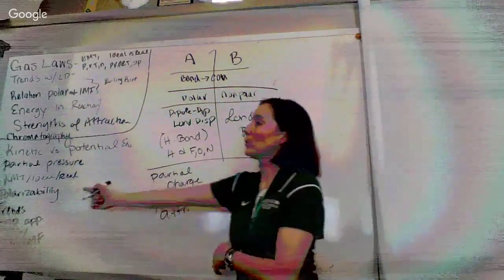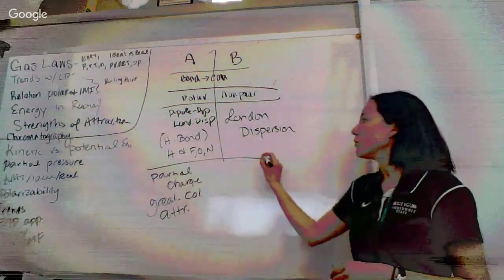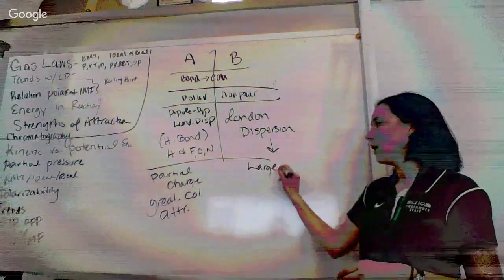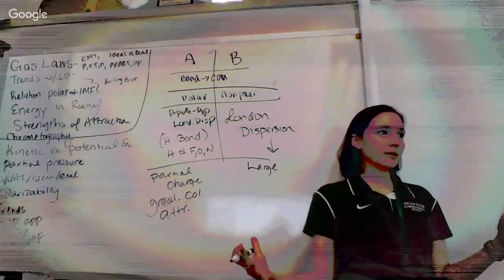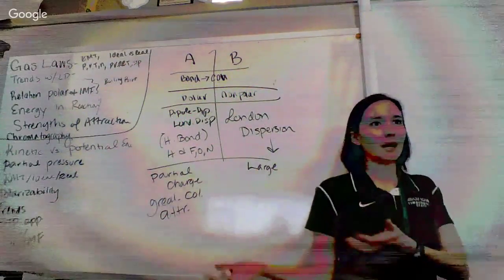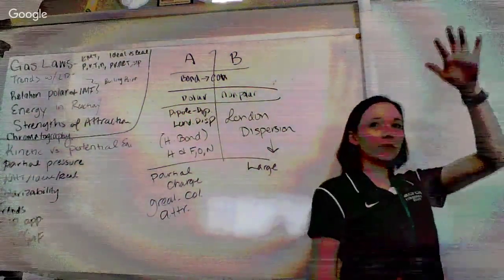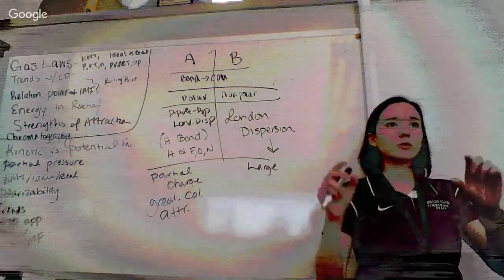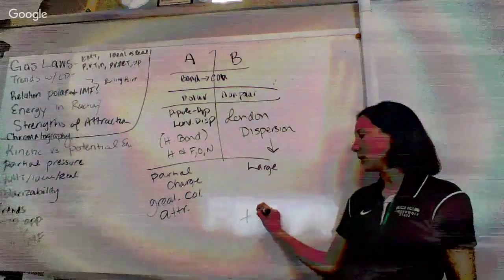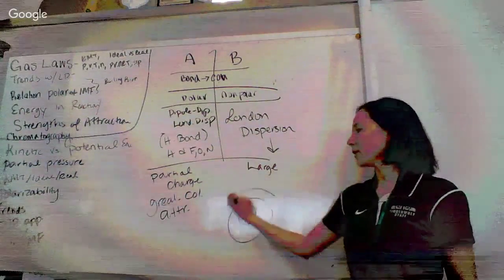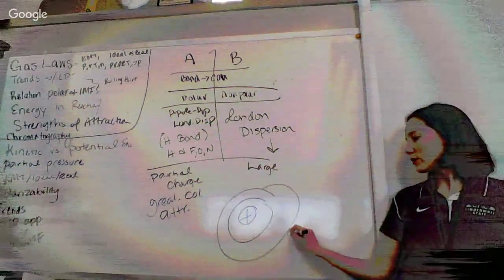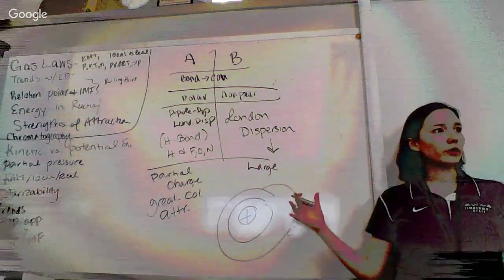But then that's where polarizability comes into play. If we have a compound that's very large, we're talking about your radius more than the molar mass, but you usually can determine that by the molar mass, because if it's heavier, it's lower on the periodic table, so it has more orbitals. If you think about where the nucleus is, the bigger it gets, as I draw circles, the electrons naturally get further and further away.